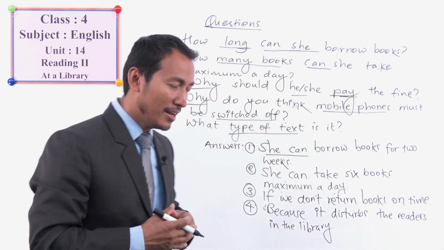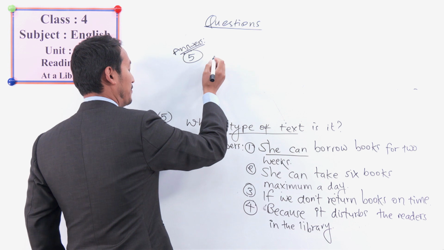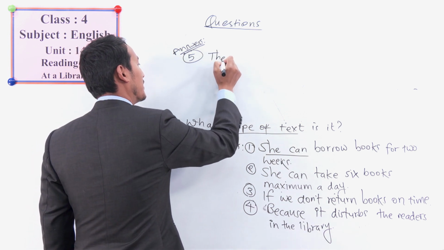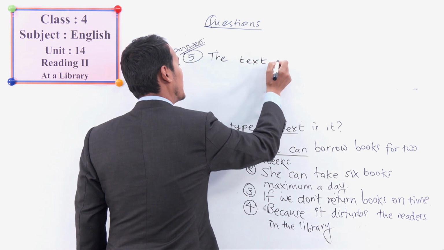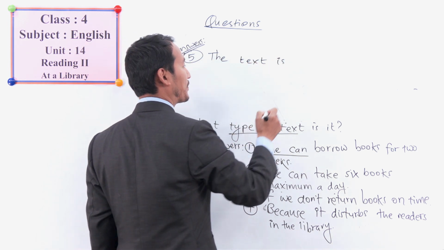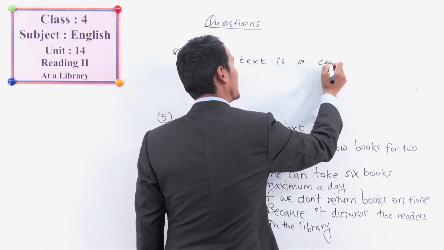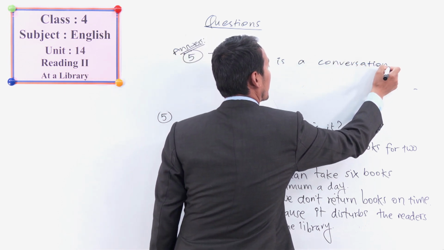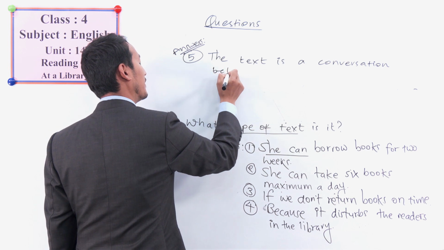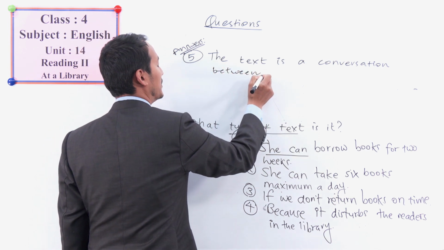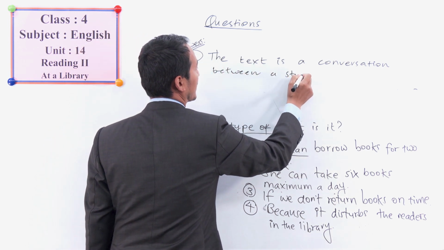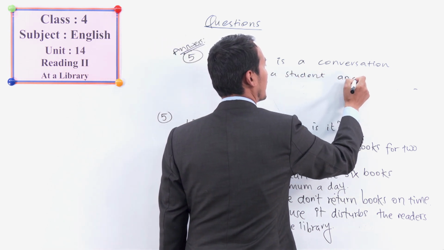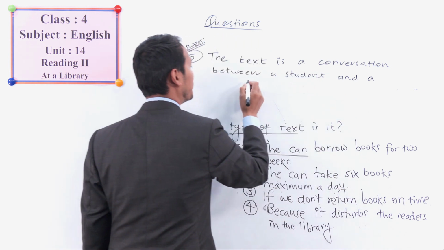Now, the answer for question 5. The text is a conversation between, you can say, a student and a librarian.